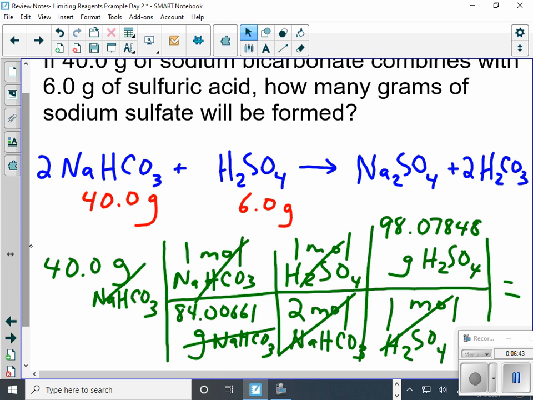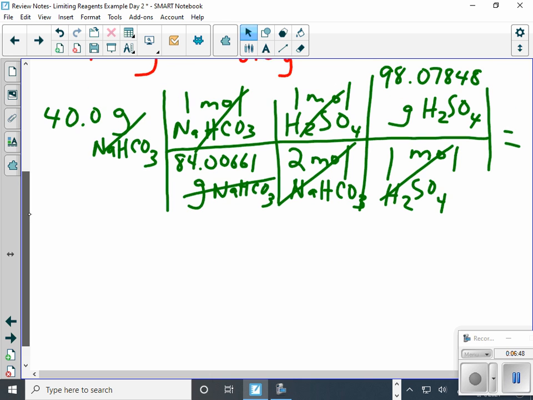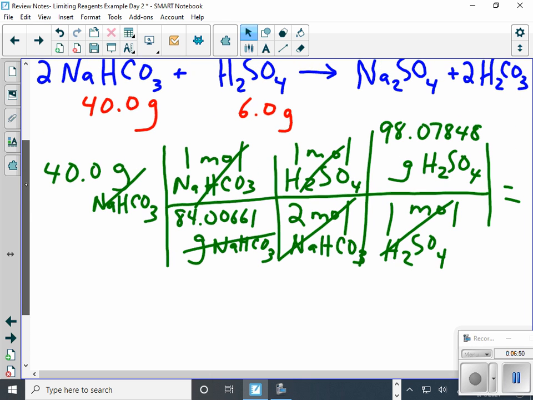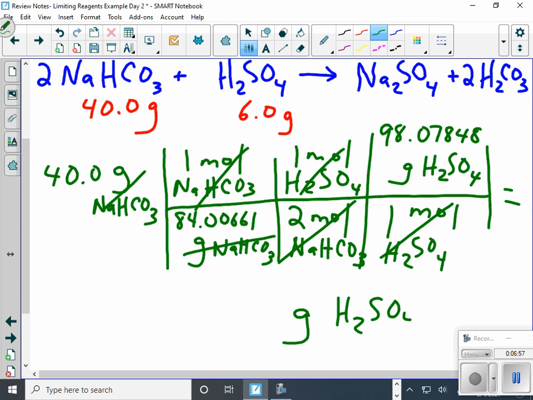So when I do all of this math, I came up with a value in grams of H2SO4, and that value to 3 sig figs was 23.4.